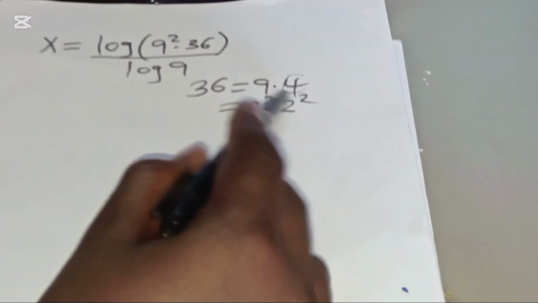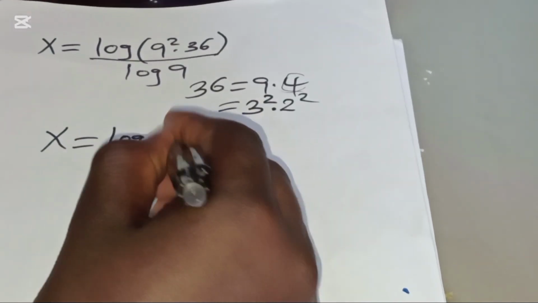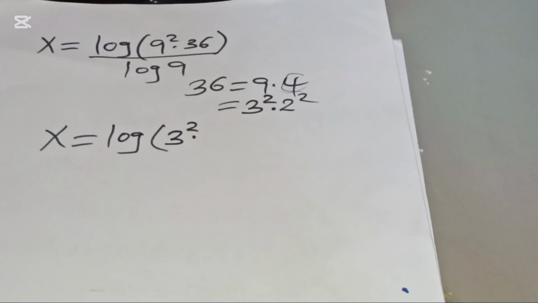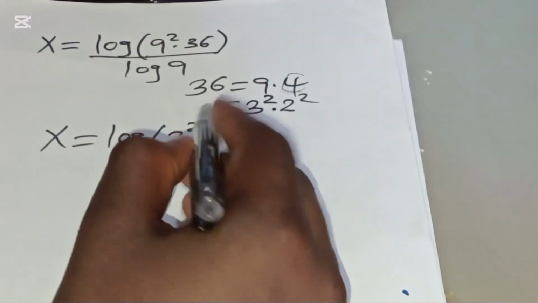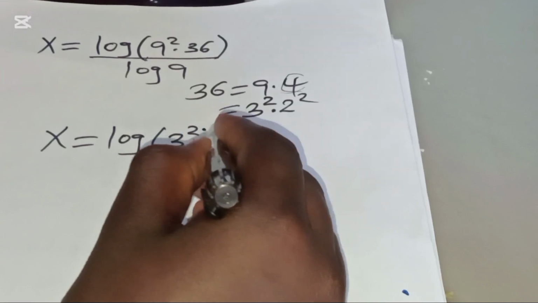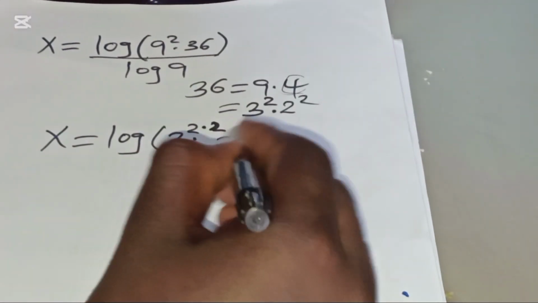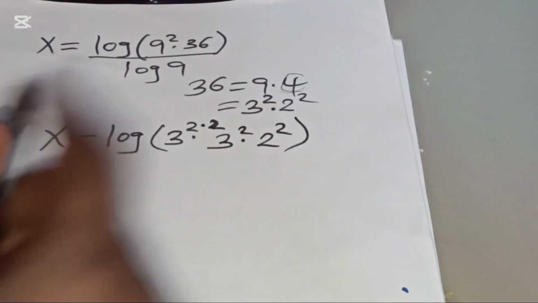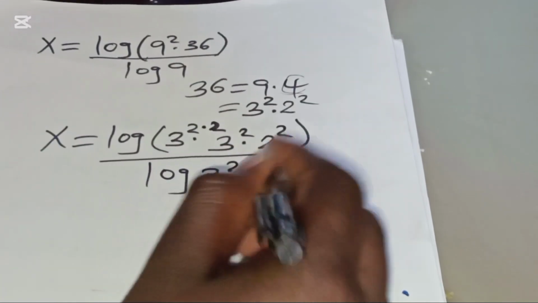Okay, so let's substitute this, so that x is equal to log 3 to power 2 multiplied by 3 to power 2, multiplied by 36, which is 3 to power 2 multiplied by 2 to power 2, and then divided by log 3 to power 2.